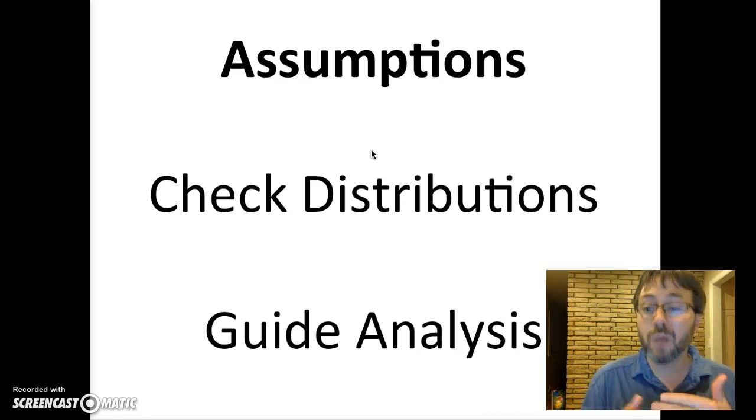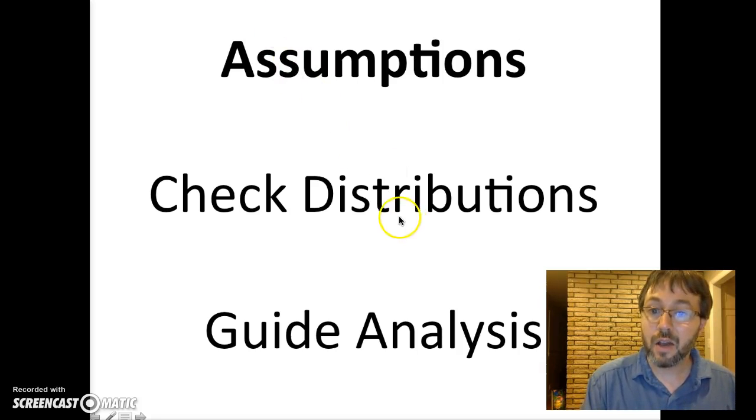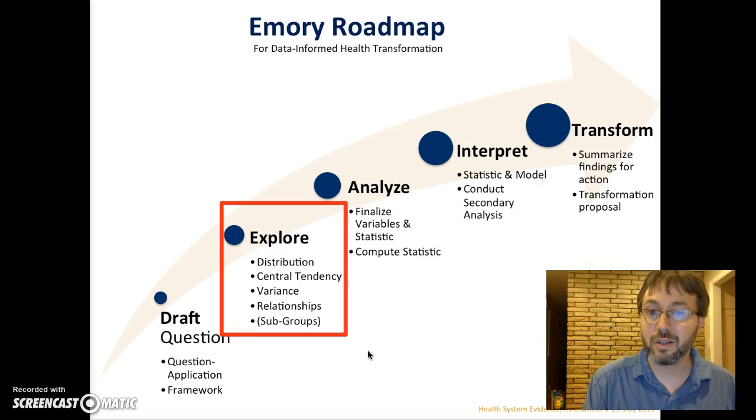So simply running a Pearson correlation coefficient on two numbers could be completely meaningless, even if we get a value for that statistic, because we have to understand the underlying distribution of the data in order to effectively select the test that's going to help us to answer our practice question.